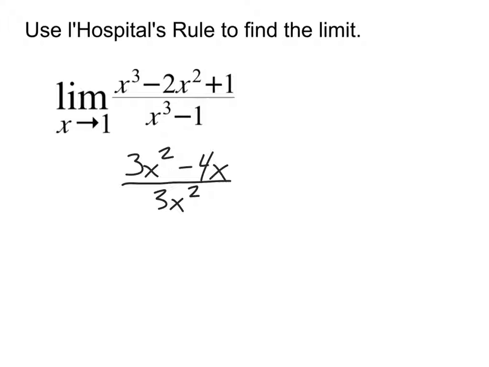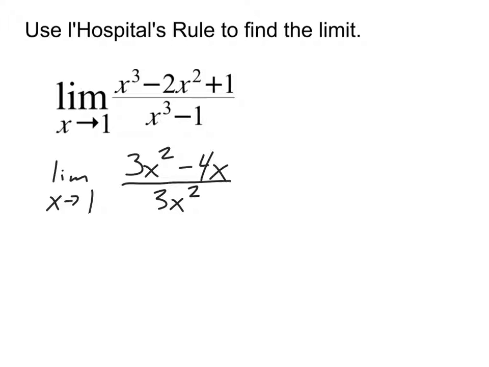Now, I did the derivative of top and bottom, but I'm still trying to figure out what the limit is as x approaches 1, so I keep that limit written there. The only time I get rid of that is when I use substitution to see what this equals. At the start of this problem, I plugged in the 1 and got 0 over 0. I now need to plug the 1 in and see what it gives me at this point. So let's use direct substitution.